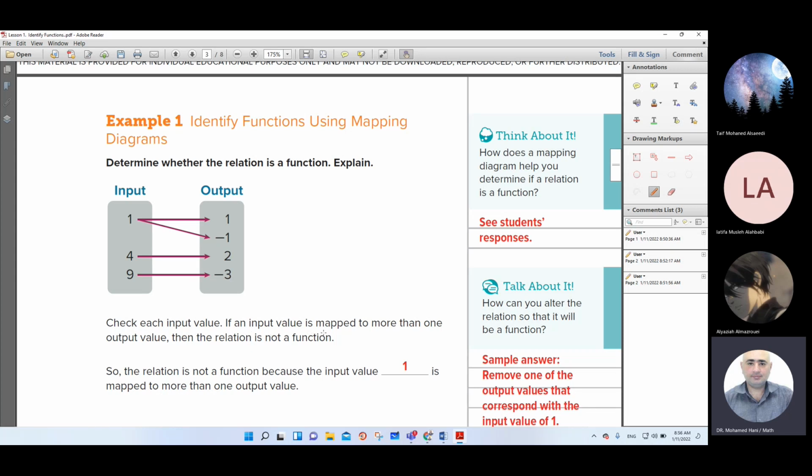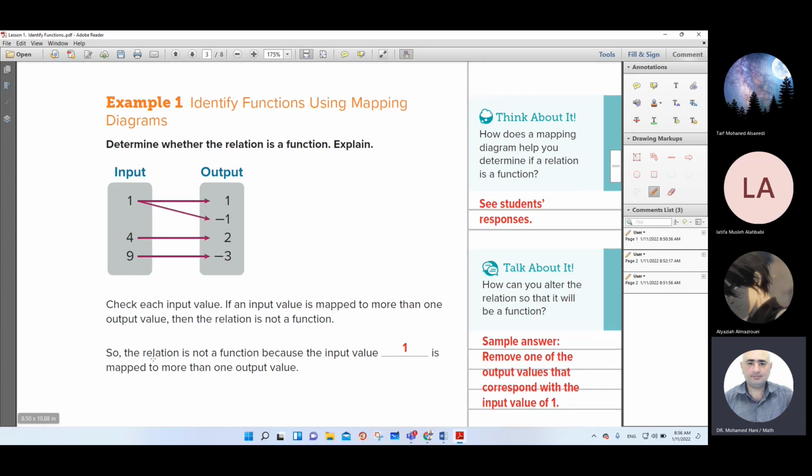If the input value is mapped to more than one output value, then the relation is not a function. So the relation is not a function because the input value 1 is mapped to more than one output value, mapped with 1 and -1. So this relation is not a function.